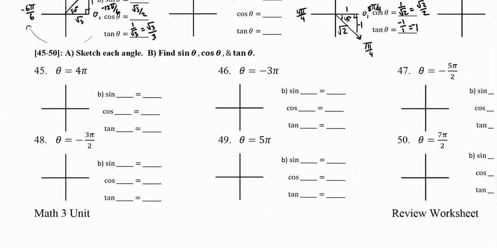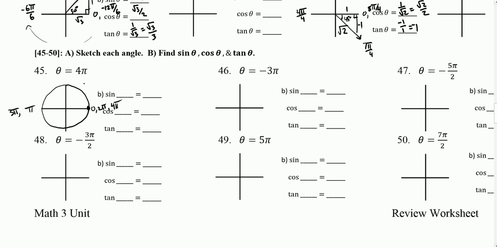45 to 50, we're to sketch each angle and find the sine, cosine, and tangent of that angle. 4 pi, well, here's 0, pi, 2 pi, 3 pi, 4 pi. So 4 pi, if we look at the unit circle, 4 pi is 1 unit to the right of 0, 0.